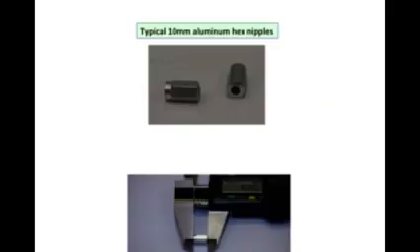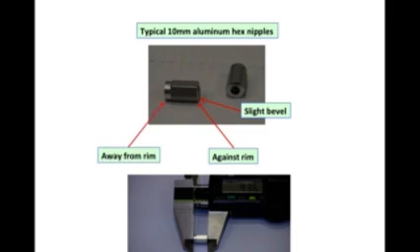There are many different kinds of internal nipples. This is one common type that's used, a 10 millimeter long aluminum hex nipple. If you look closely, you'll see there's a slight bevel on one end of the nipple, and that's the part of the nipple that actually goes against the rim. That part points away from the rim.